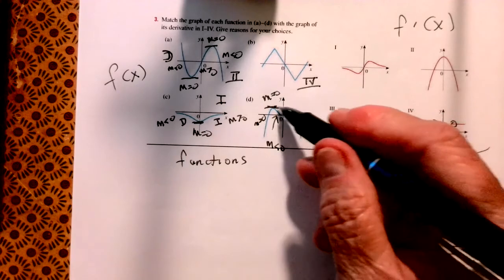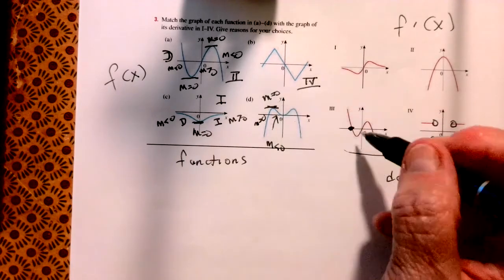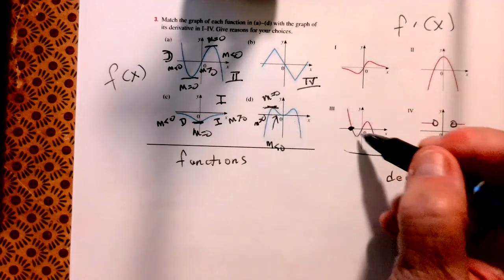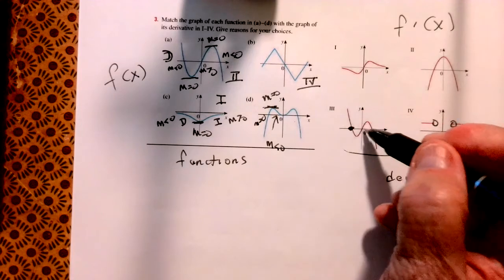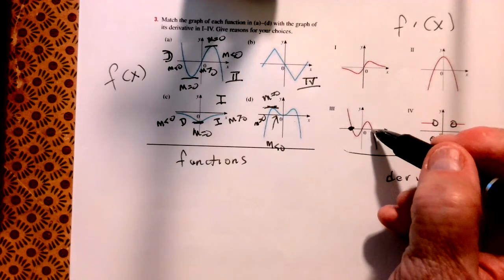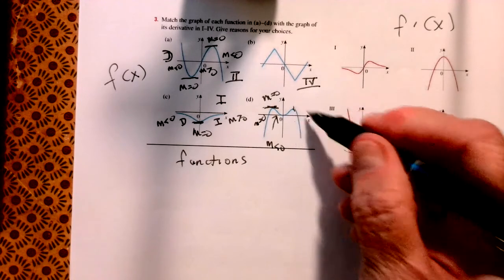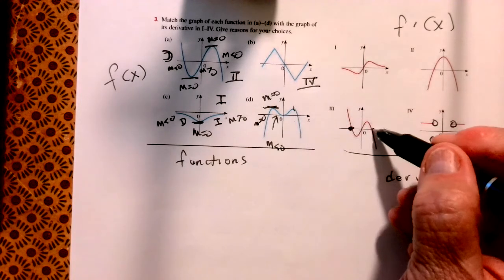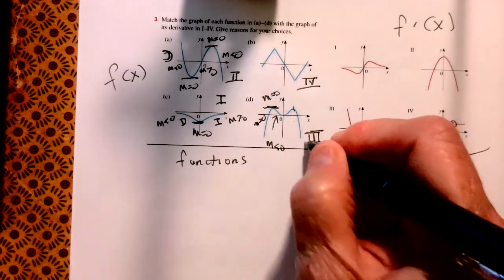And then when we get to right here, it's going to be 0. That's where that is. And then it's going to be decreasing until we get to 0. And then it starts increasing again. So the derivative goes above the x-axis until right here, where it starts decreasing again. And then that's where it goes below. So this one's going to be Roman numeral 3.